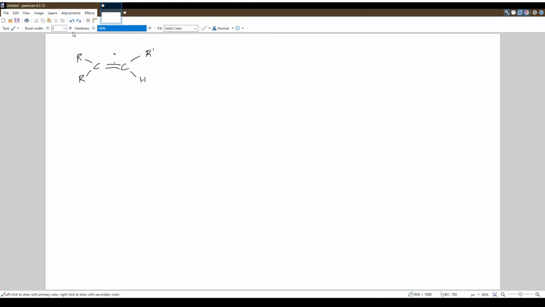Well, we're gonna use potassium permanganate. It's going to be warm and concentrated. Okay, and what that's going to do is it's actually going to turn into a diol like this, a syn diol.